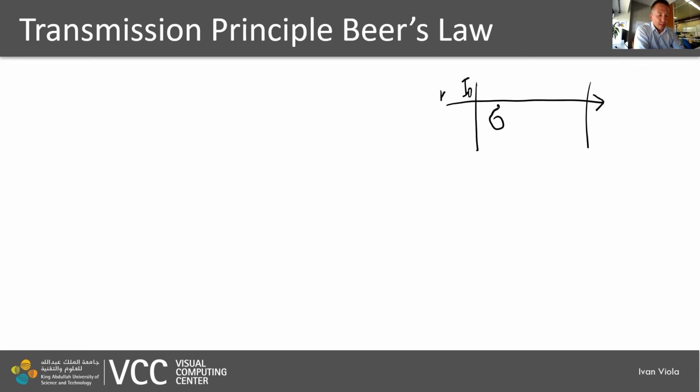This intensity, after passing through the specimen, is attenuated to the intensity I. This is for this particular ray R. The density can be homogeneous, but it could also be varying. So this is a profile of the density along this ray R.